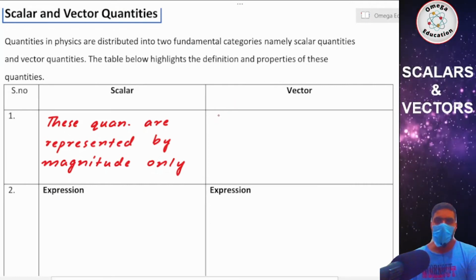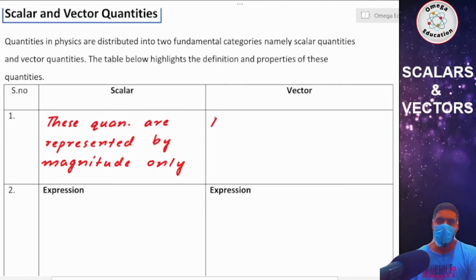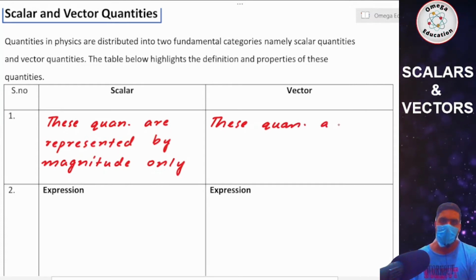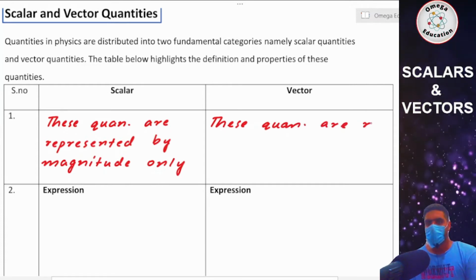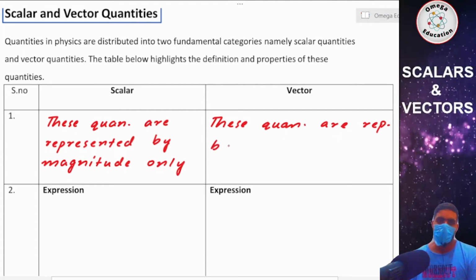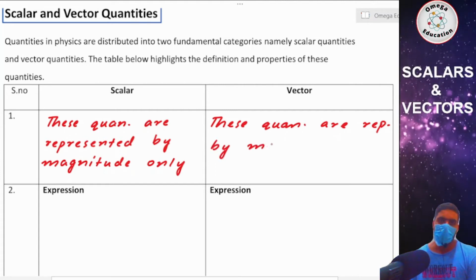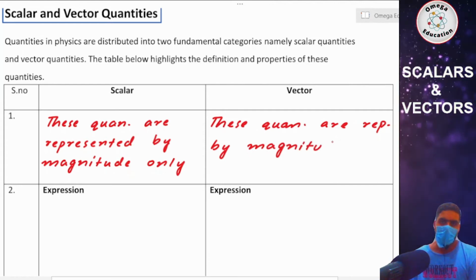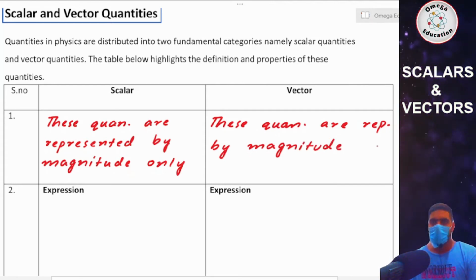And vector quantities, we define them as quantities that are represented by magnitude and direction.